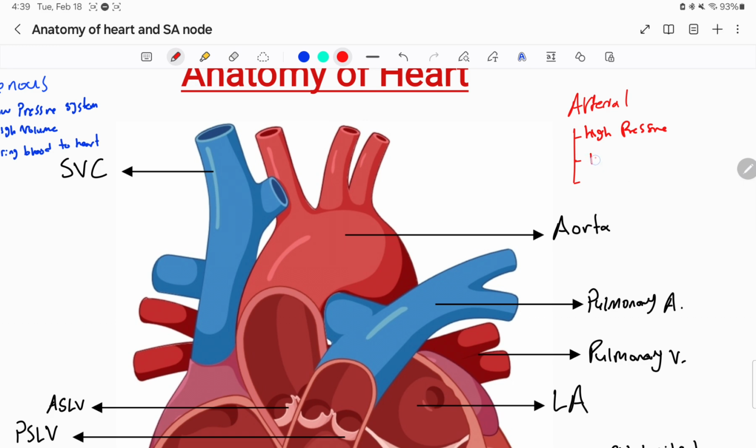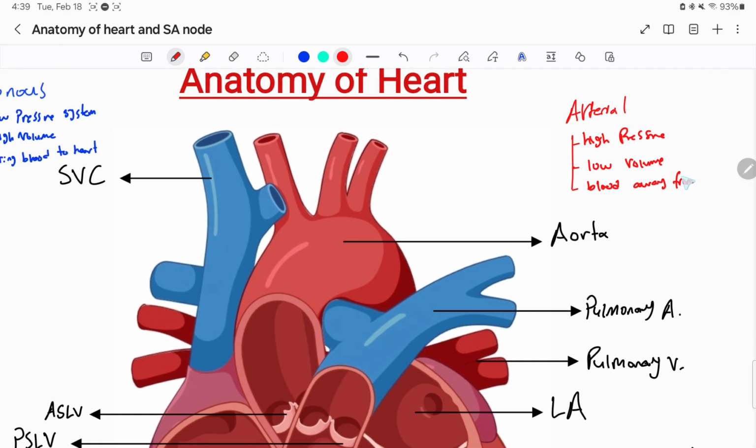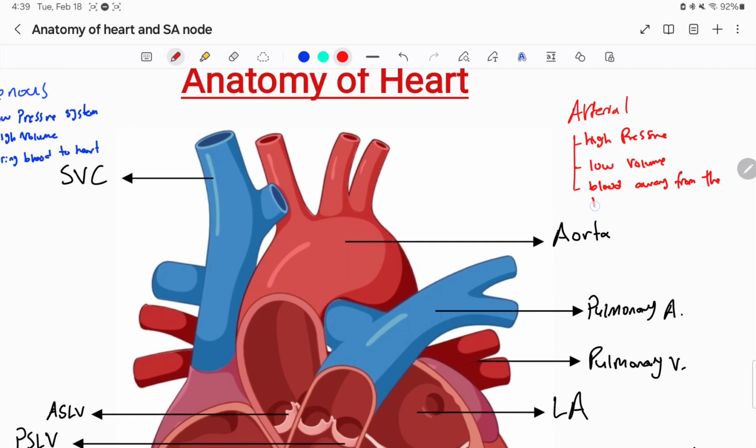And it is low volume. And it also brings blood away from the heart.